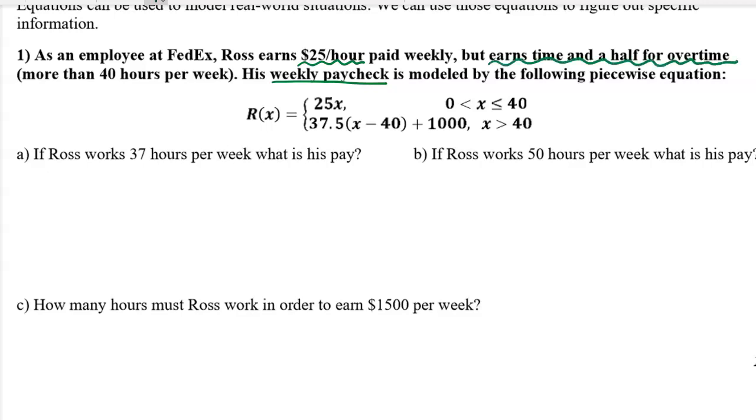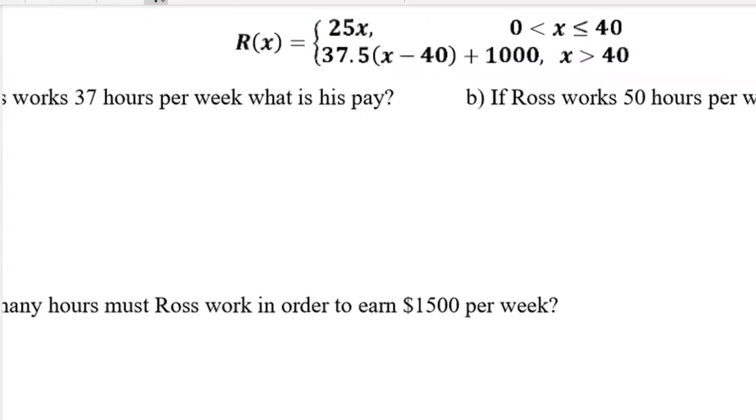All right. So the equation says R of x equals, there are two pieces: 25x every time he works from 0 all the way to how many hours? 40, okay? Then the second part says 37.5 times the quantity x minus 40 plus 1,000 when x is over 40.